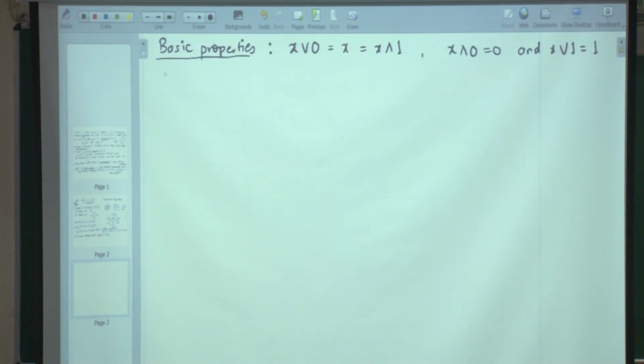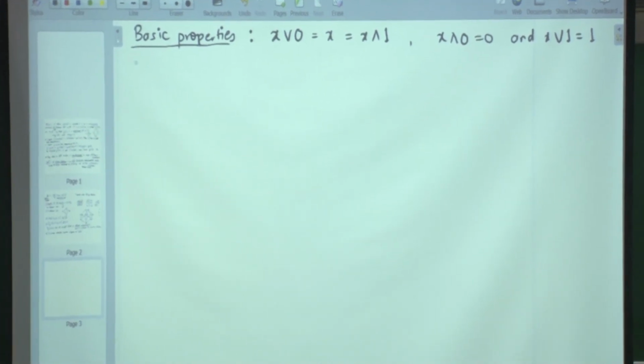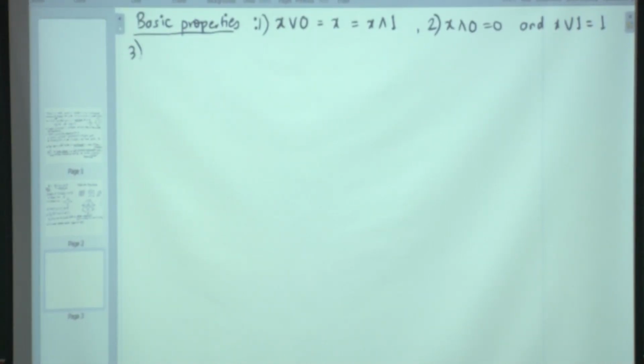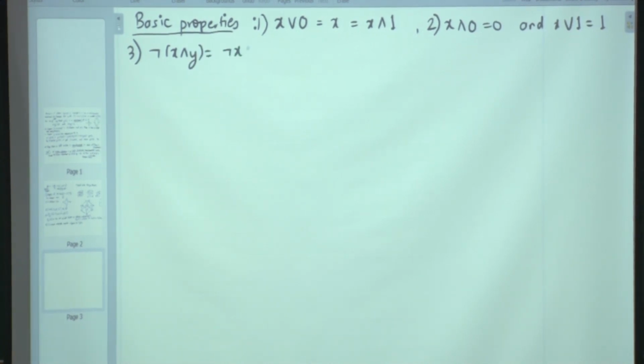Then we also have De Morgan's law. What does it say? State. Negation of x meet y is negation x join negation y. Yeah, please verify this for yourself.